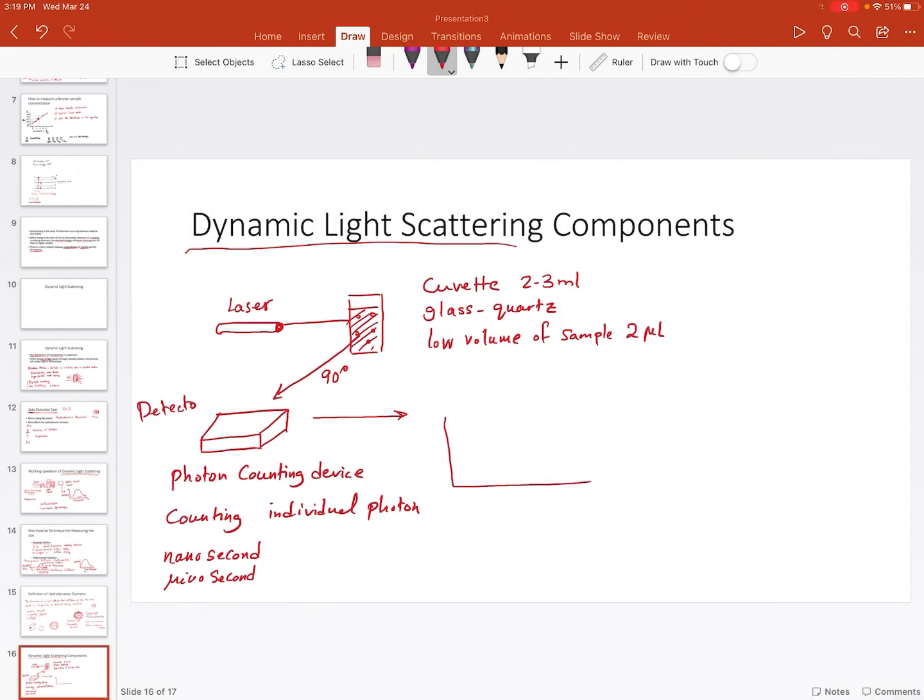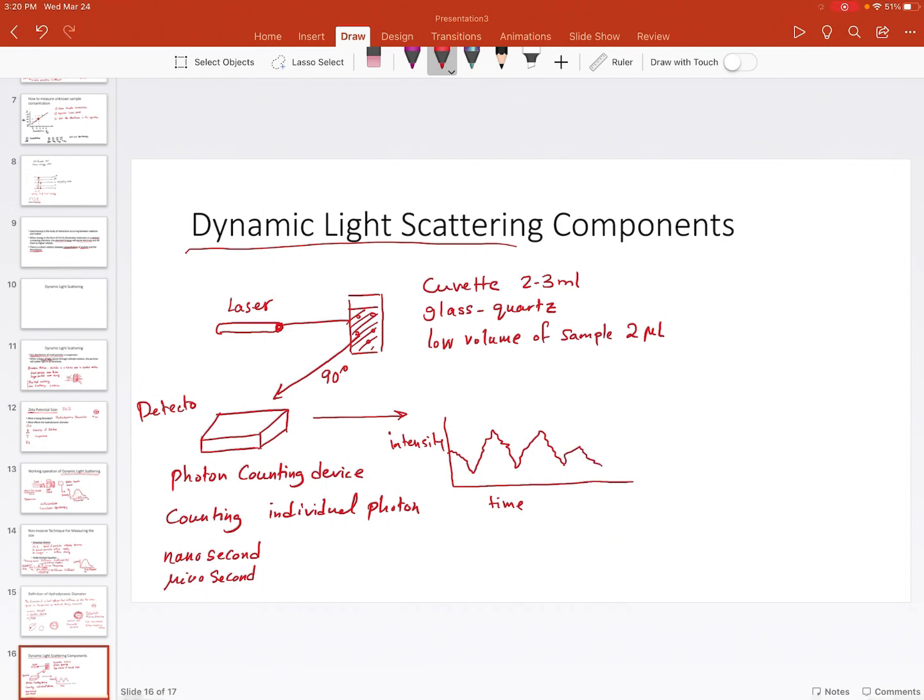So what the detector will actually measure, the diagram is intensity fluctuation versus time. As you remember, we mentioned that these particles are in constant motion in the sample. So once they are moving, the scattered intensity of the light is going to be different over time. So the intensity is going to fluctuate over time. So the graph that we get is going to be similar to this.